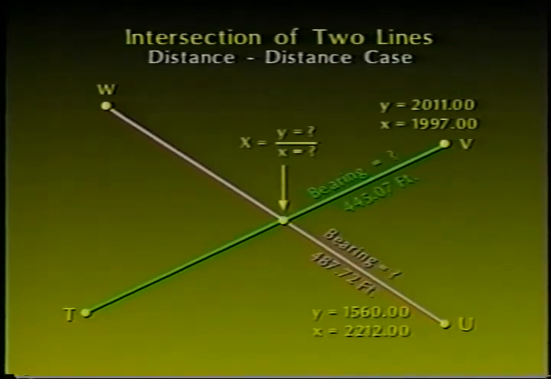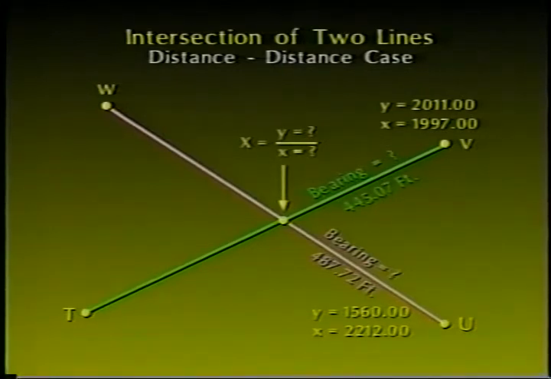Let's look at what is given to decide which case this solution will fit into. From looking at the given values, we find that we have distances for both line V to X and line U to X. We can then inverse between V and U to find either a base for an oblique triangle solution or else enter the coordinates of V and U into a computer to solve this distance-to-distance problem.